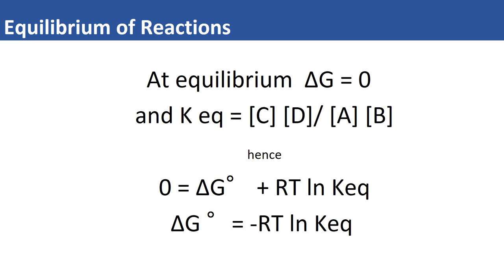So that's in a system in biology. Commonly, we have an equilibrium that occurs in biology where the delta G is equal to 0.